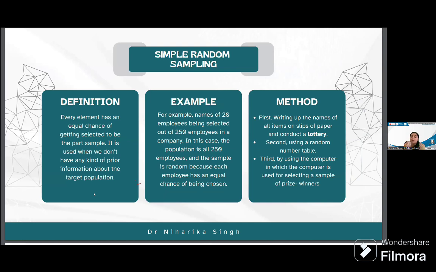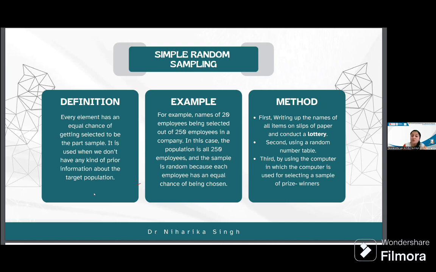Because I am unknown to the population, I cannot divide or categorize it into different categories, and thereby the whole sample is random to me. Every part of the population is equal to me, and thereby every part has an equal chance of selection by me.